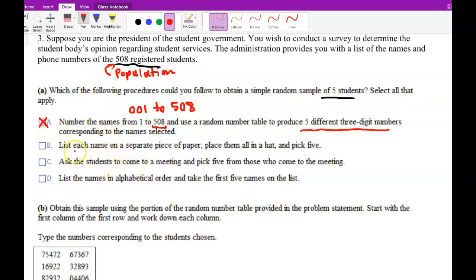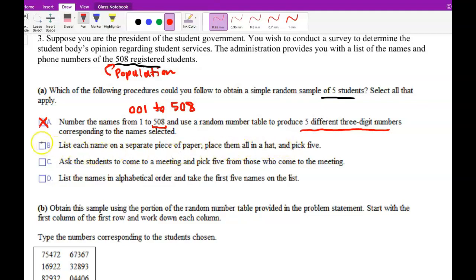Now part B, list each name on a separate piece of paper. Okay, so writing their names on a separate piece of paper, place them all in a hat and pick 5. Since we're picking 5, we're not able to see names because those are in the hat. That means that they have the same chance of being selected.